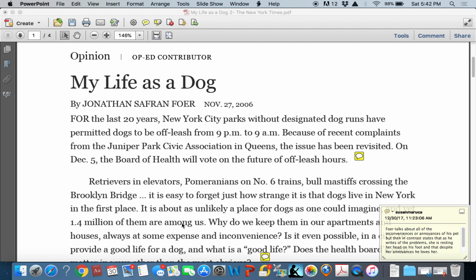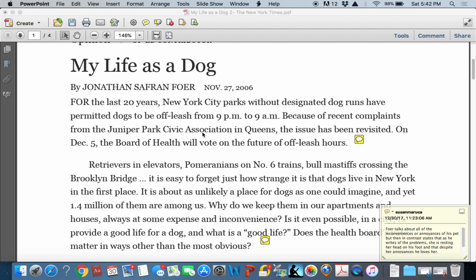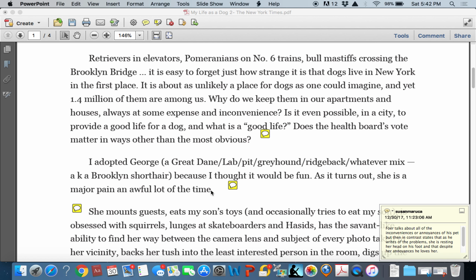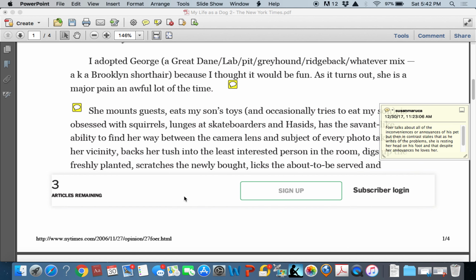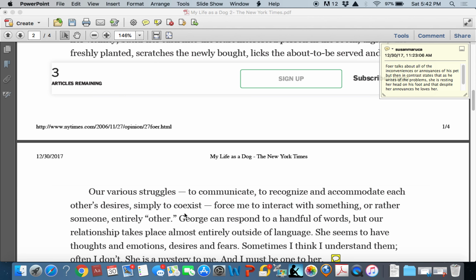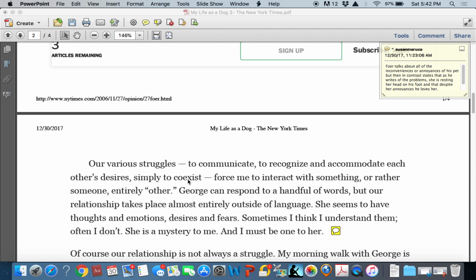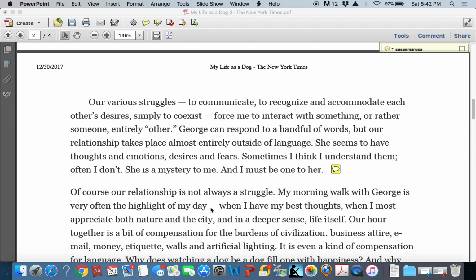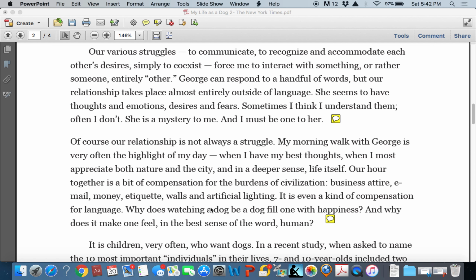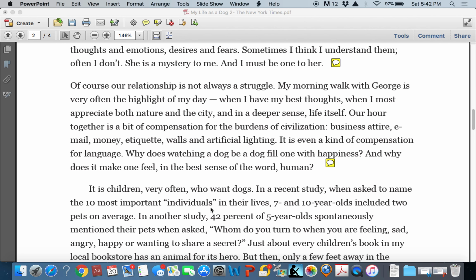In these two paragraphs, he talks about the leash law, he talks about the inconvenience of dogs, and then he balances that with his own personal experience of George, and talks about her annoyances, but also talks about the benefits of having him in her life. And he spends a lot of time in these paragraphs discussing his relationship with George.